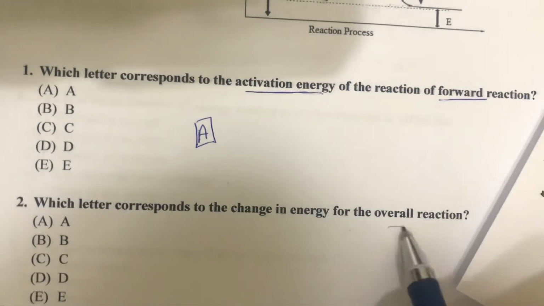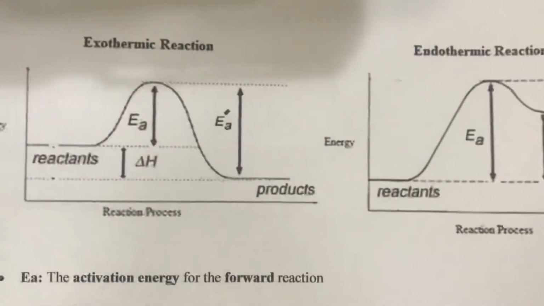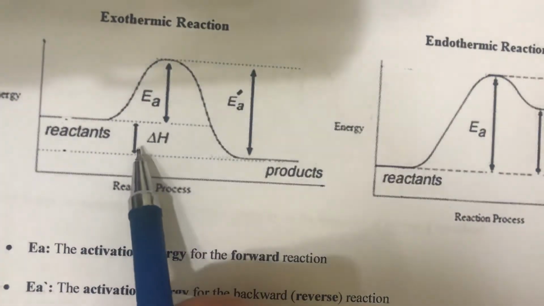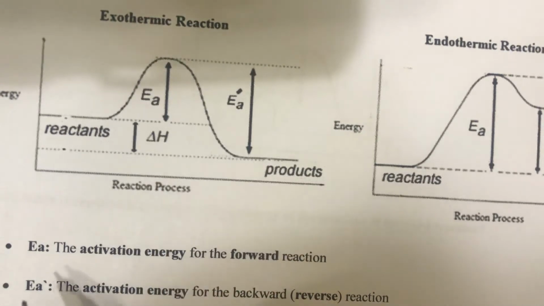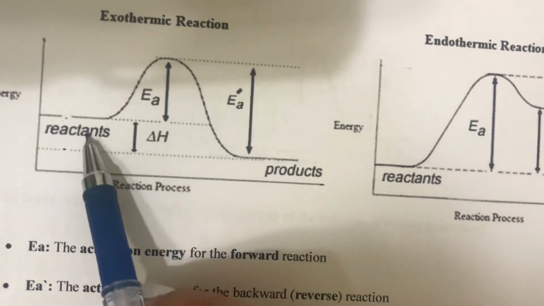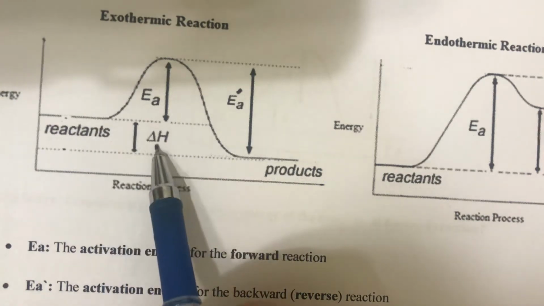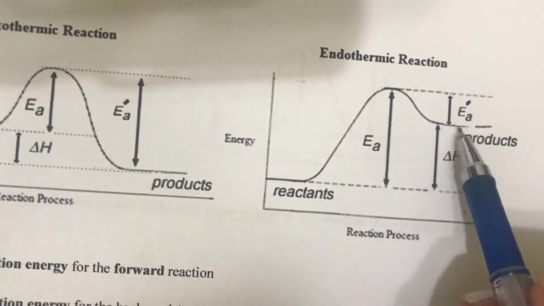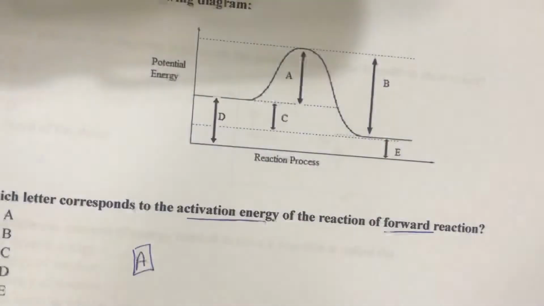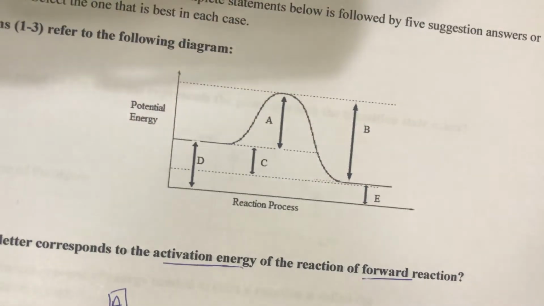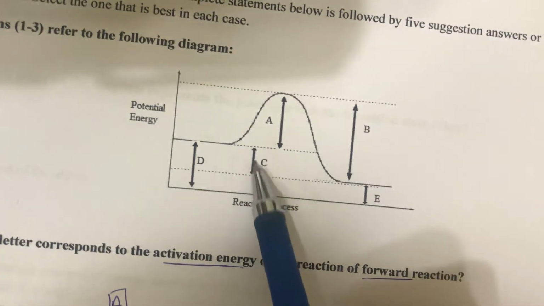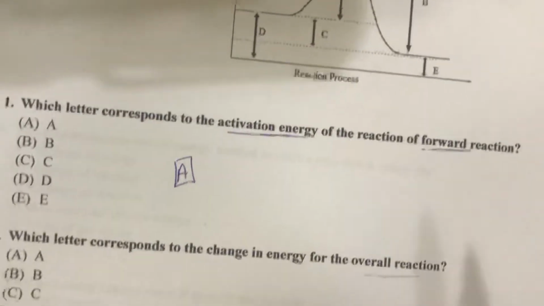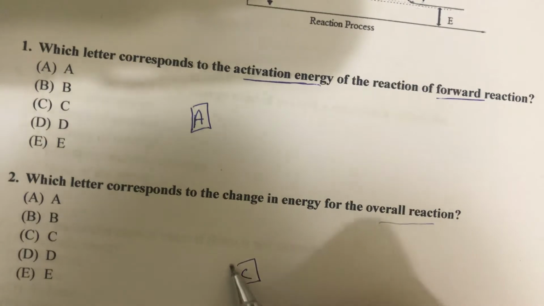Overall reactions, here from the energy diagram, the energy of the overall reactions means the energy difference between reactants and products, delta H. So here in this diagram, C represents the energy difference between reactant and product. So the correct answer is C.